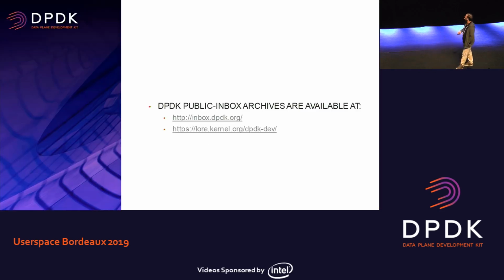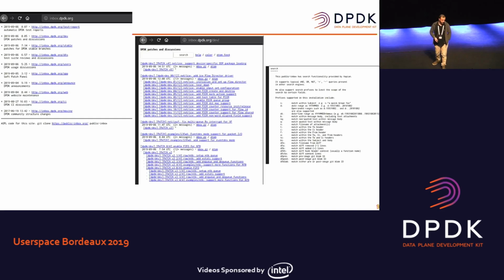Our archives are available on inbox.dpdk.org. The dev mailing list is available on lore.kernel.org as well, so you can find it there. Here's how the archives look. This is the index page, inbox.dpdk.org. You will find all of the archives.